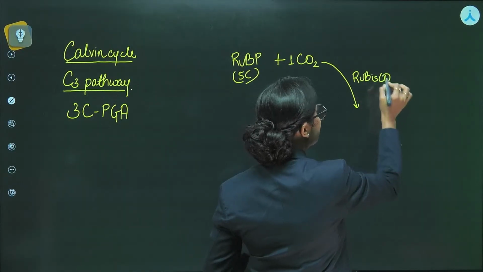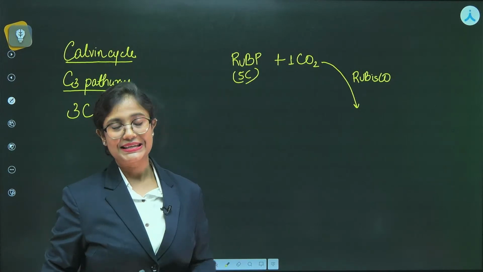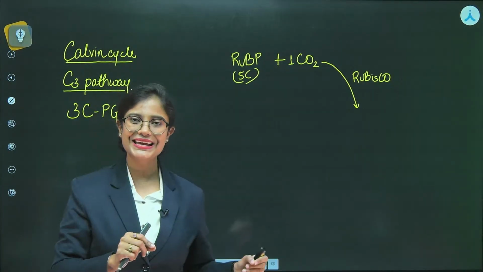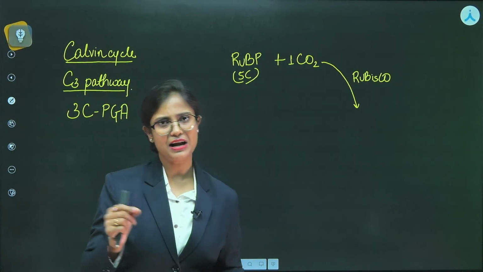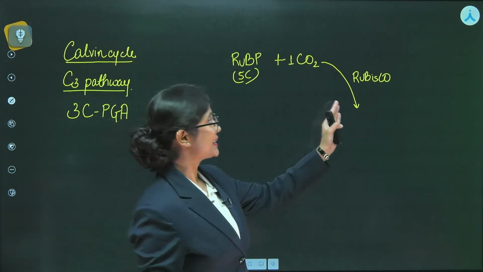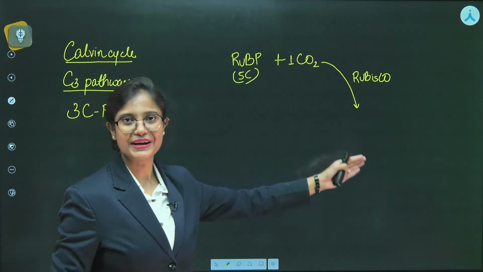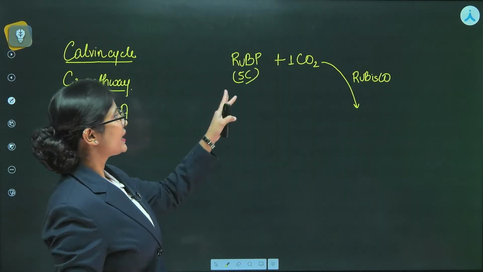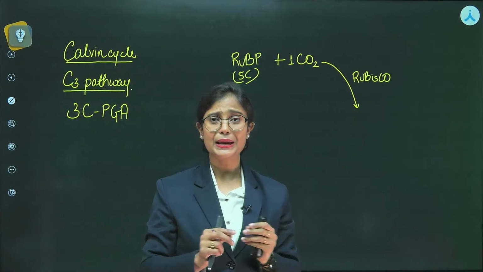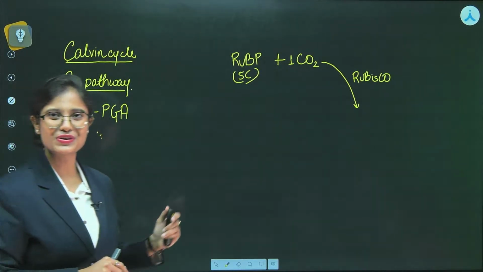Rubisco is expanded as ribulose bisphosphate carboxylase and oxygenase. That means it has 2 different activities, carboxylase as well as oxygenase. Carboxylase, fixation of carbon dioxide, oxygenase, fixation of oxygen. But here, as it has to work as a carboxylase because यहाँ पे हम कार्बन डाइऑक्साइड को फिक्स कर रहे हैं. तो अगर हम देखें इसके पास 5 कार्बन है, यहाँ से एक कार्बन बन के 6 कार्बन का एक मॉलिक्यूल बनना चाहिए, but the first stable compound is actually 3-carbon phosphoglyceric acid.